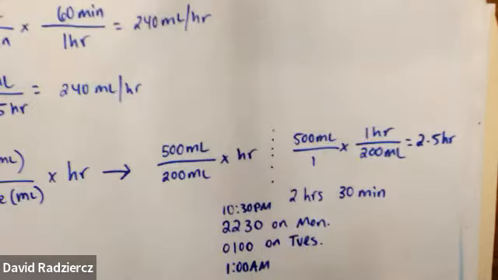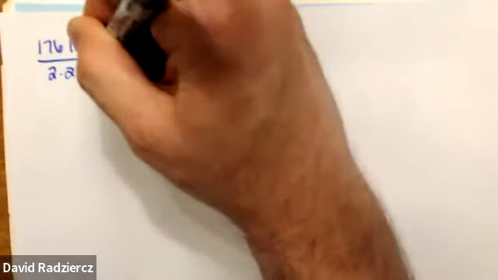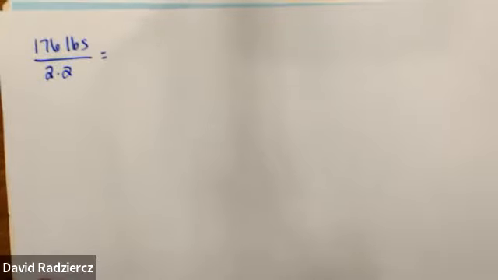So let's work that out. All right, so 176-pound patient. In order to convert that to kilograms, we divide by 2.2. I believe that gives me 80, but let's see, 176 divided by 2.2.